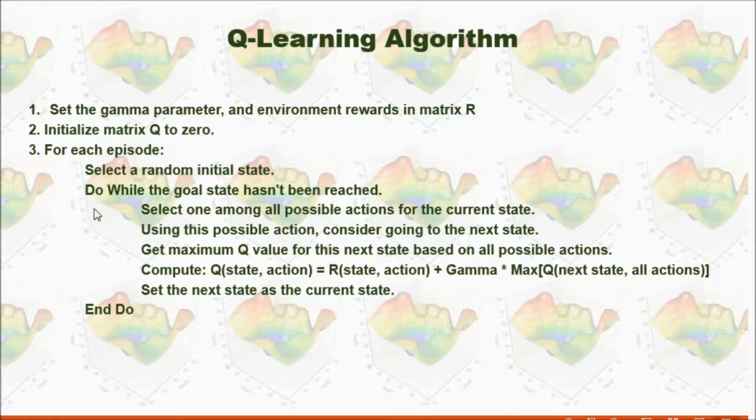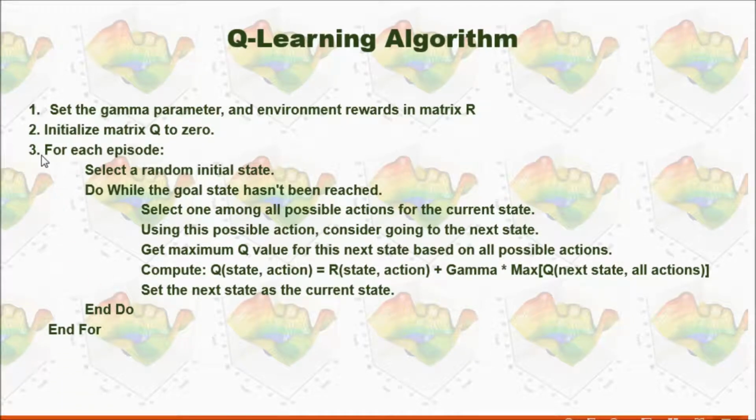Once we go into this loop, we will calculate the maximum Q value for this next state. And then after we calculate the Q according to this formula, we'll set the next state as the current state and go through this do loop until we reach the goal state.